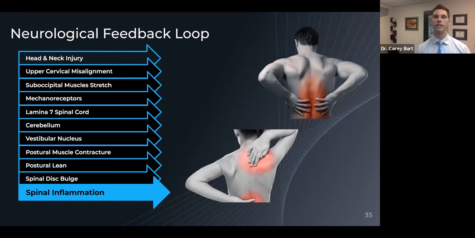So the last thing the brain will do is purposely coordinate the stealing of calcium from unimportant bones in your body, most commonly the radius and ulna. But it's going to do this and drag this calcium through the spine, dumping it at the injured disc. Now the goal here is to try and concrete this weak area, giving it maximum stability.